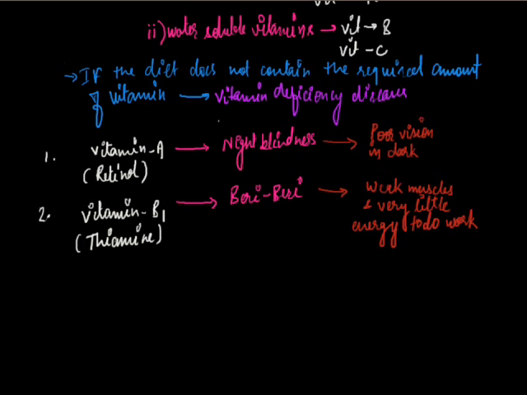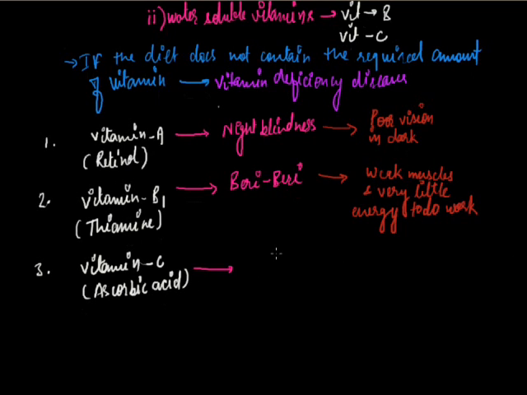Next is vitamin C, again a very important vitamin, also called ascorbic acid. In the absence of vitamin C, a deficiency disorder called scurvy occurs.